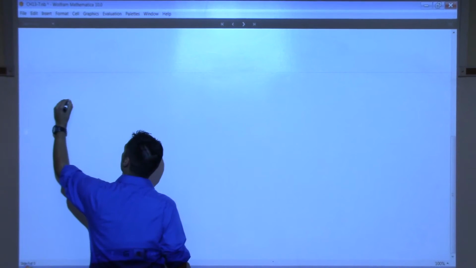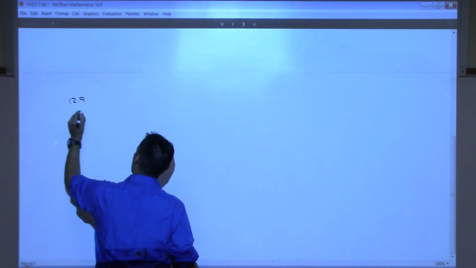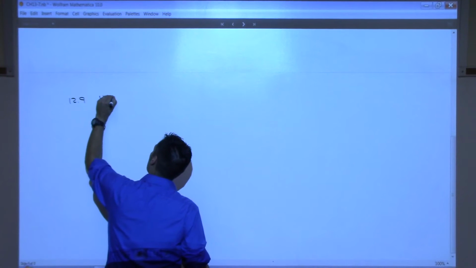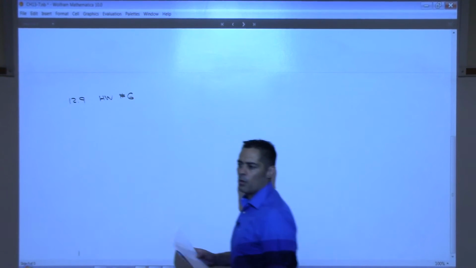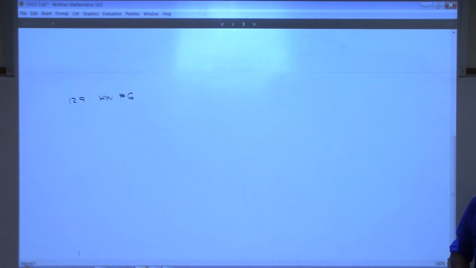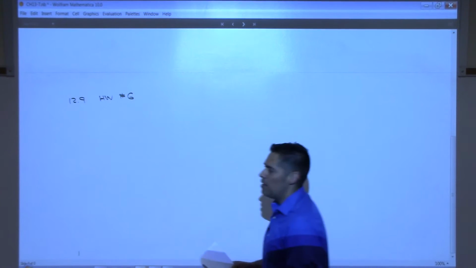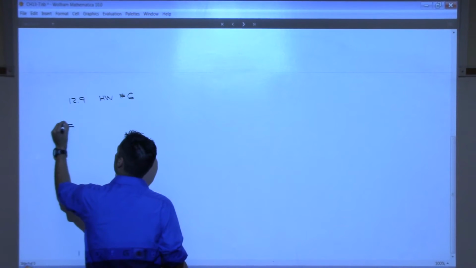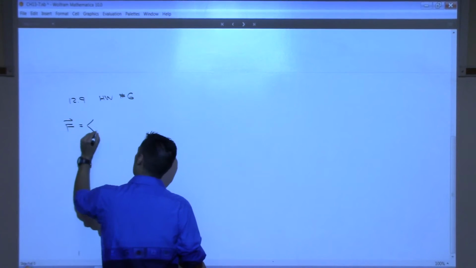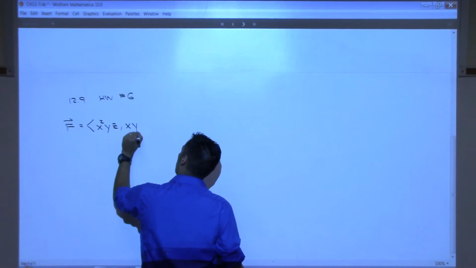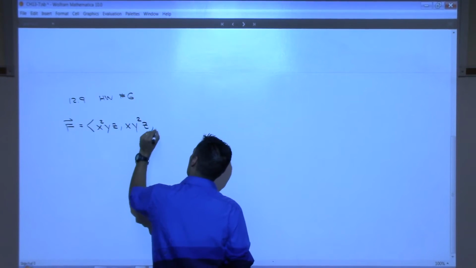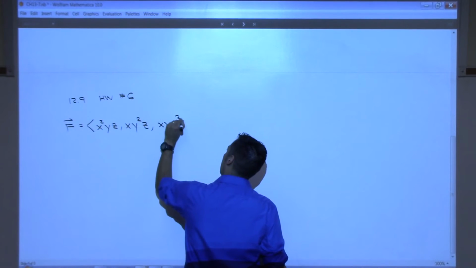All right, just so you know, this is from 12.9. This is out of the homework. This is number 6. Actually, I did assign this for homework, but I'm going to do number 6. So here's what it says. Here's a vector field: x squared yz, x y squared z, x y z squared.